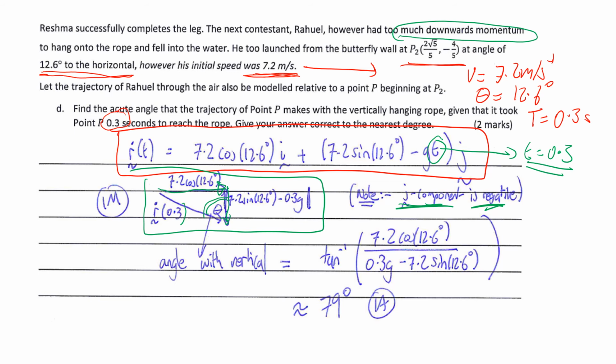Unlike some other questions you may have done in the past with projectile motion, such as the angle at which it hits the sea with a cannon launch or something like this, where it was the magnitude of your j component divided by your i component, inverse tan, this is the i component divided by your j component, because it's the angle it's making with the vertical, not the horizontal. So that's what we do, and there was your answer when you did inverse tan, and a few of you got that right, which was pleasing.